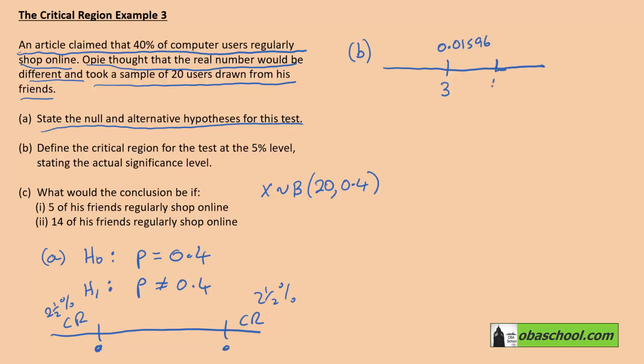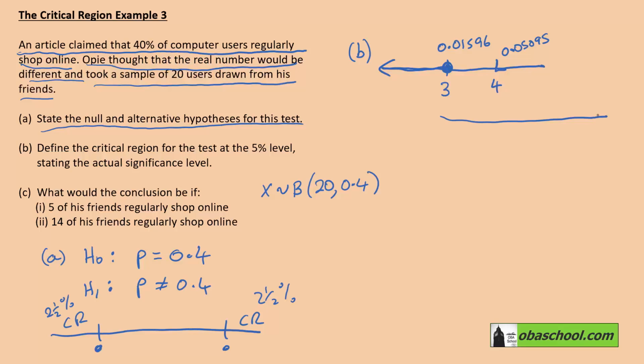For 4, that value was 0.05095. So that's bigger than 2.5%, indeed bigger than 5%. So our critical region at the bottom end is from 3 downwards.